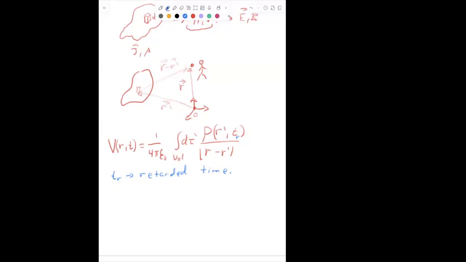One of them is the laboratory time, that is just the time that you are in. And the other one is this retarded time. The word retarded means backward time. Okay, so what is this retarded time? This is the main issue, I'll soon discuss it. What is this A?